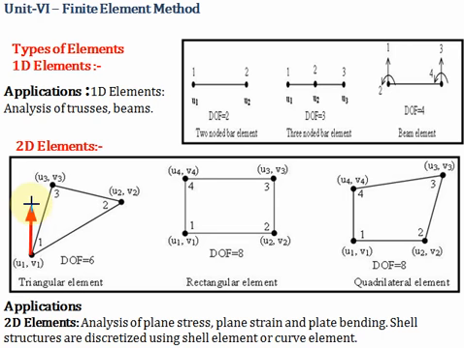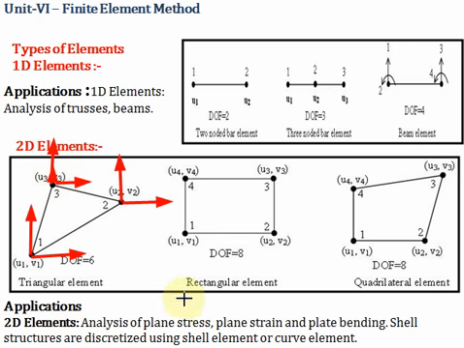At each node there will be a displacement in x direction, which we call u1, and displacement in y direction, which we call v1. For node 2 again there will be displacement in x direction and y direction.